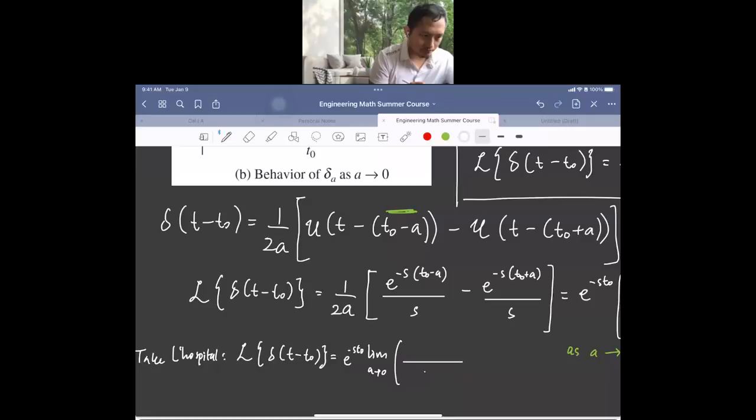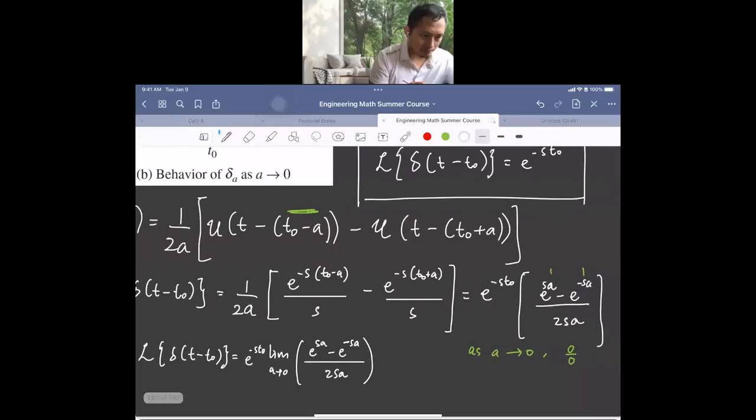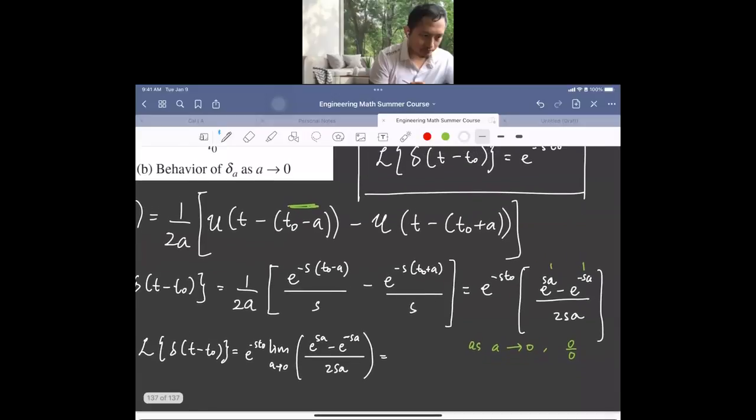So the limit of (e to the sa minus e to the negative sa) over 2sa. Taking the L'Hopital rule, we differentiate both, and the limit will be equal to 1 later on.